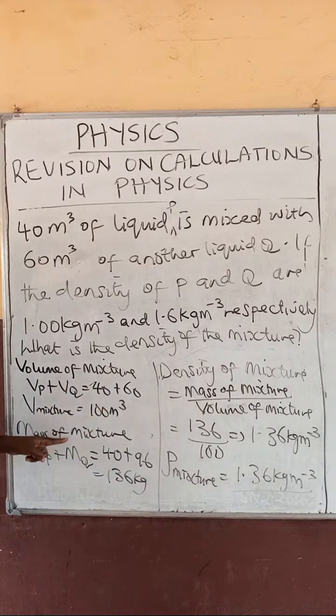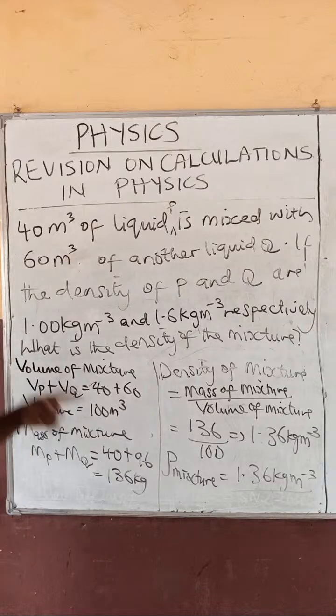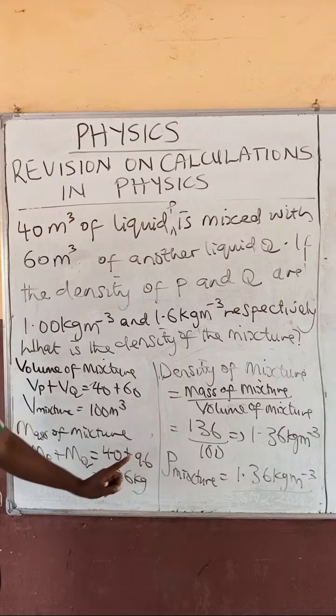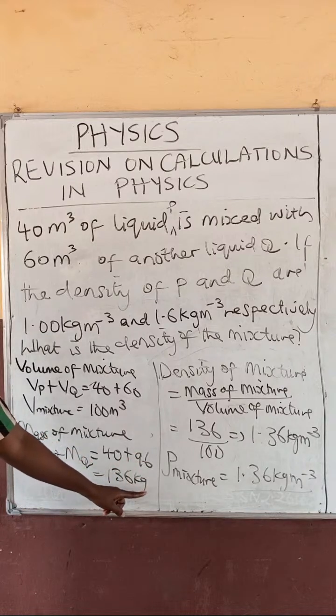Now I have to get the mass of the mixture, which is mp plus mq, right? I've already obtained that. This 40 plus 96 kilograms gives me 136 kilograms.